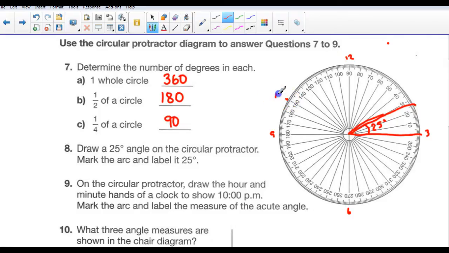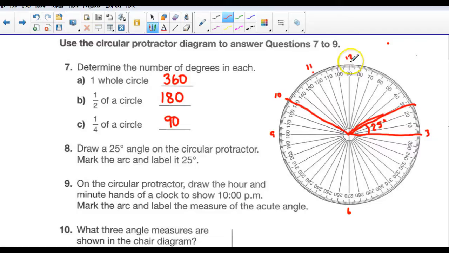That would be the 10 o'clock position. 10, 20, 30, that would be the 11 o'clock position. And then another 10, 20, 30, that's the 12. So this position right here, at that angle, is the 10 o'clock.